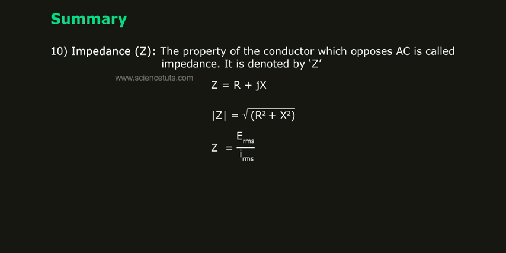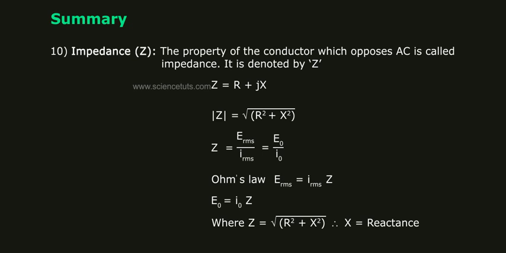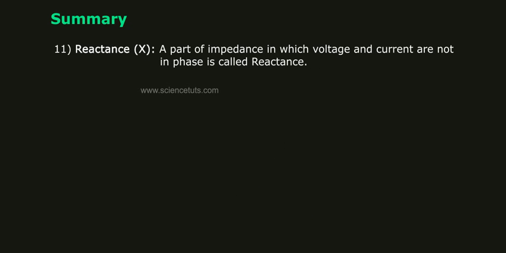Z equals E RMS by I RMS equals E naught by I naught. Ohm's law: E RMS equals I RMS Z. E naught equals I naught Z, where Z equals square root of R square plus X square. Here X is reactance.